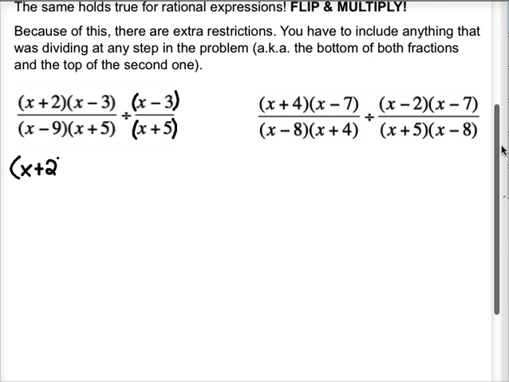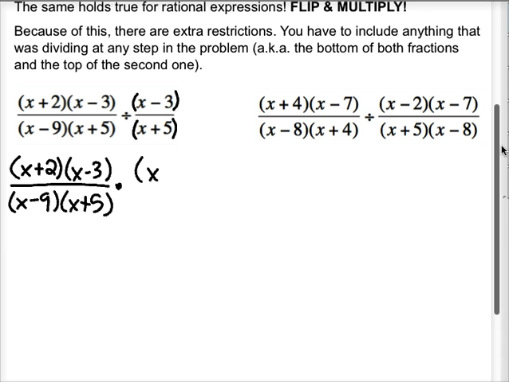So everything about the first parenthesis stays the same. But you flip the second one.